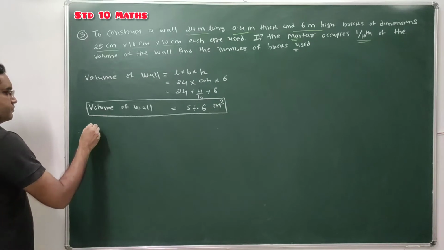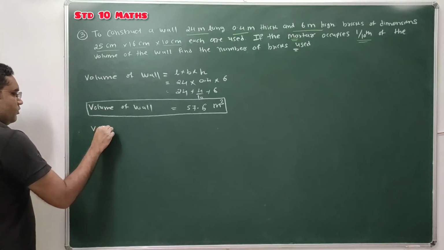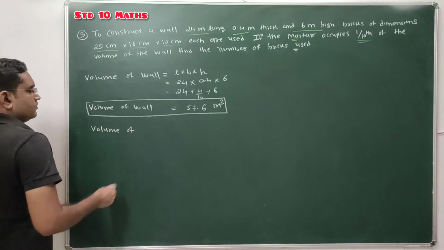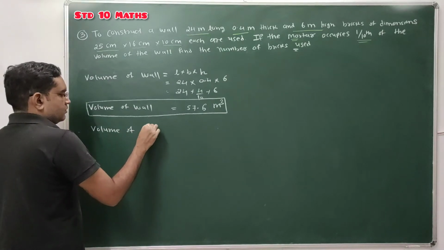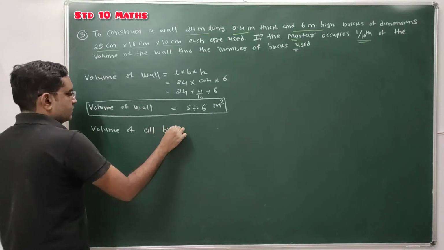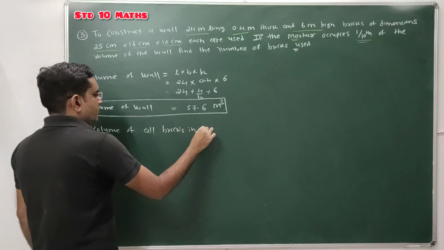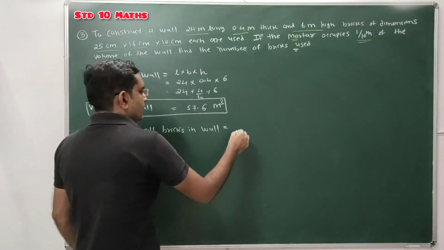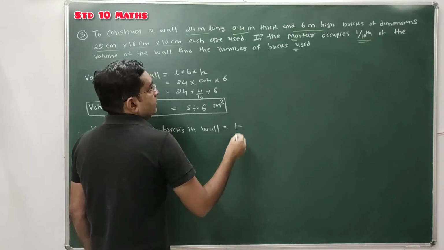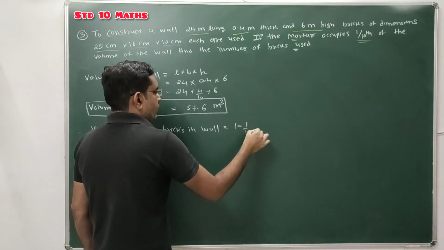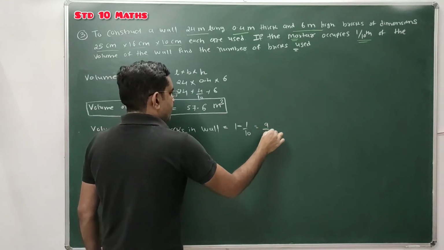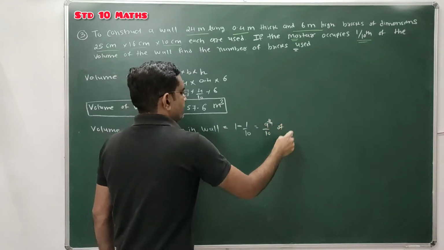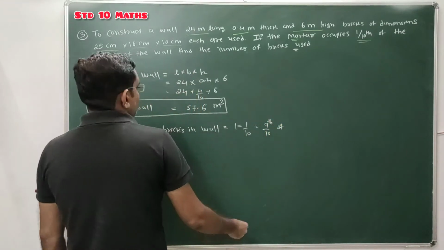So what is the volume of all bricks in the wall? The volume of all bricks in a wall is nothing but the total volume minus 1/10 of volume of mortar, that is 9/10 part of the volume of the wall.